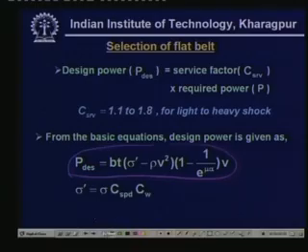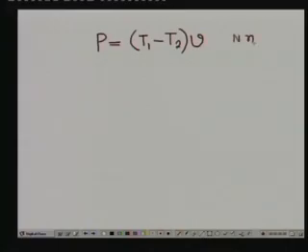Well, what we can see is, what will be the power? Power P will be given as T1 minus T2 into V. What is V? V is the belt speed and T1 and T2 are the belt tensions. So, the unit is Newton into meter per second, Newton meter per second.